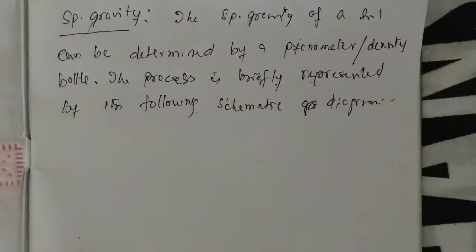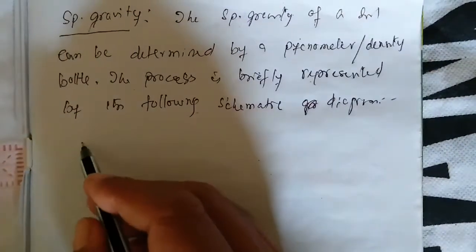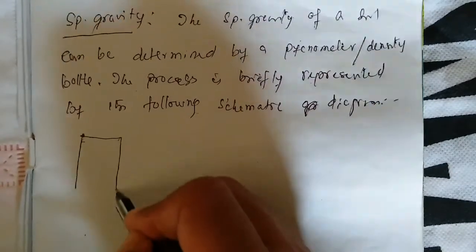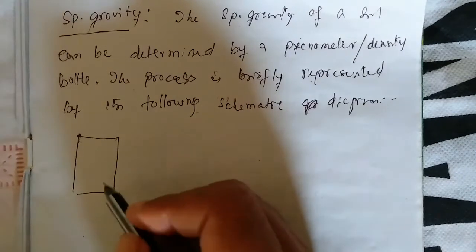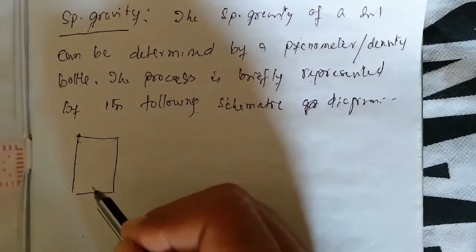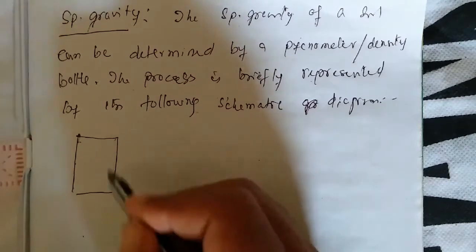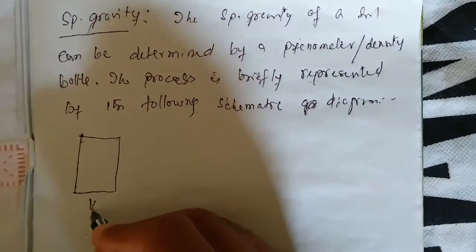Now take one empty bottle or empty pycnometer. Clean it and dry it, and then take the weight of the empty, clean and dry bottle. Let the weight be W1.